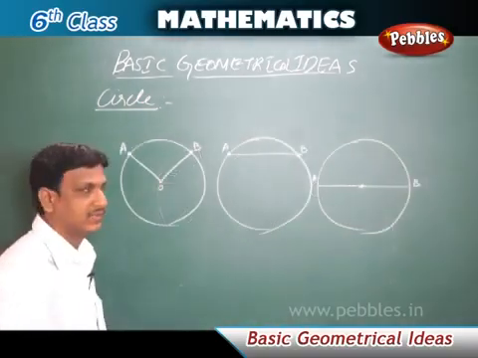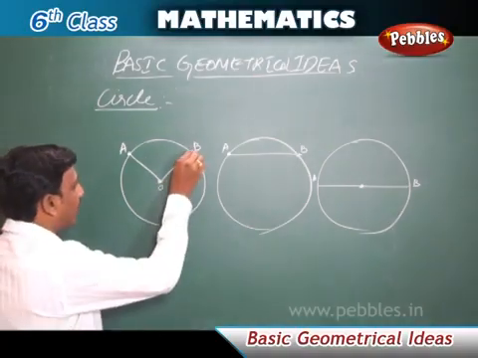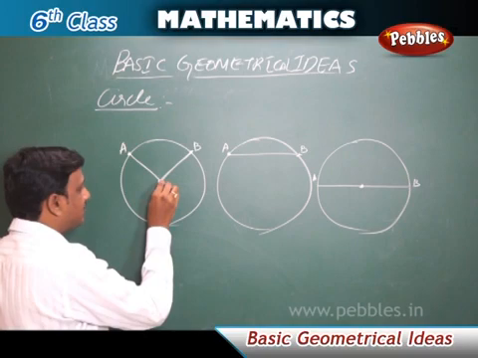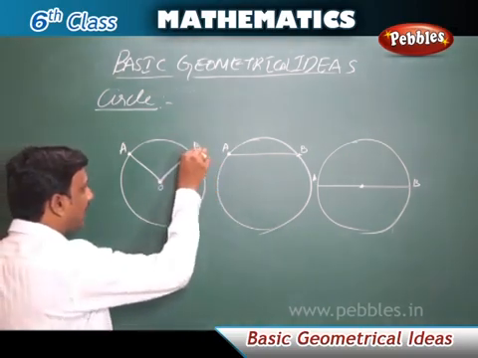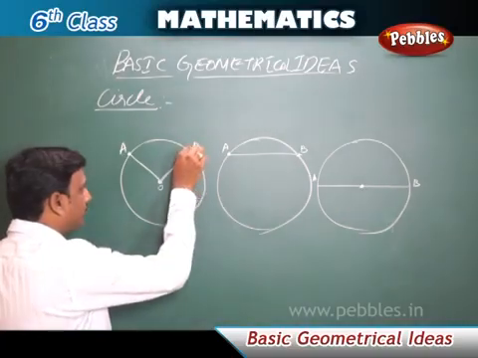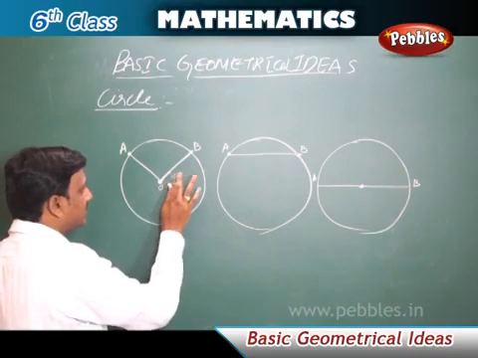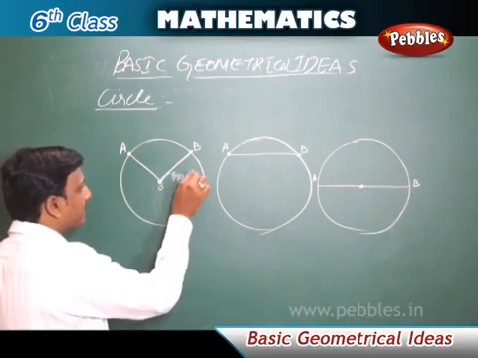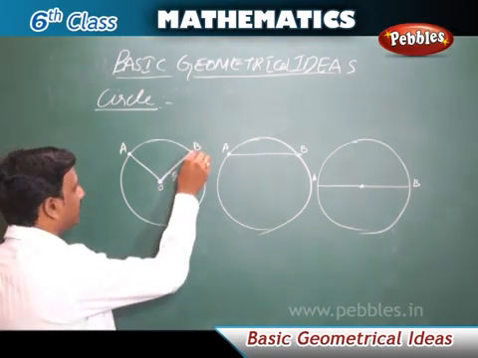Now let us see the other parts of a circle. Here we know about this line from the center of the circle to any point on the outer curved edge of the circle. This is called radius. Radius, center to the edge.